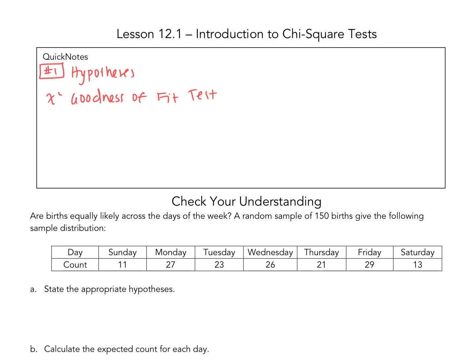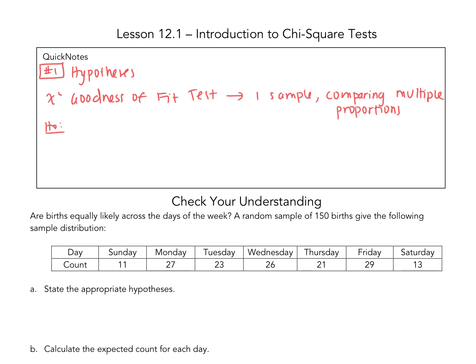And how you can identify this test is we have one sample and we are comparing multiple proportions. So we have one sample of M&Ms and we are comparing the proportion of blue and yellow and green and brown, and so on and so forth.